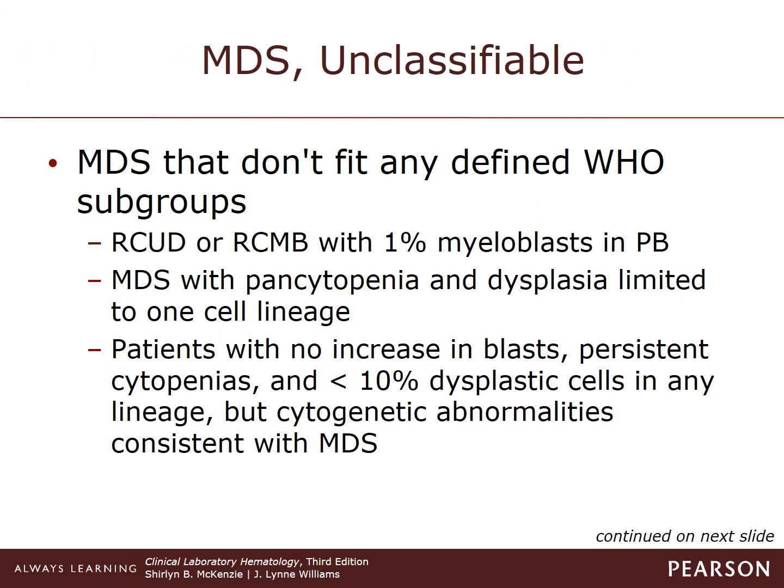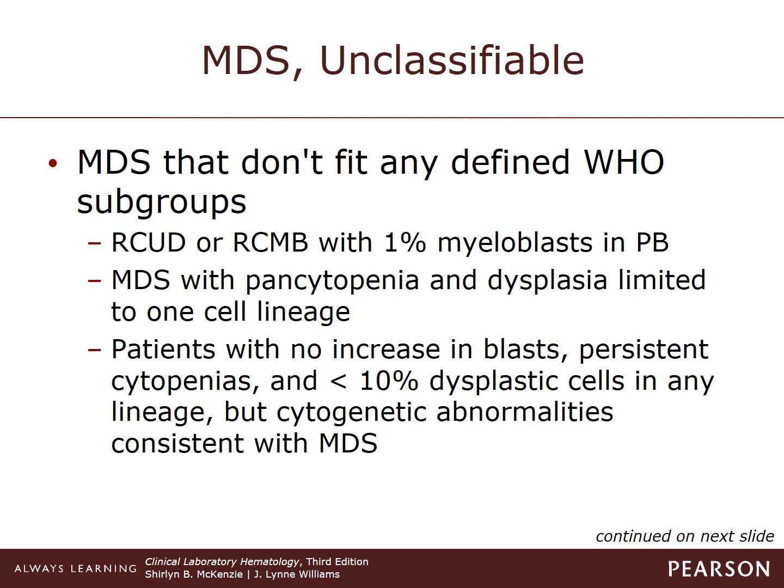Of an unclassifiable nature is really a category that refers to any subtype that initially lacked the specific changes necessary to classify them into one of those categories that we discussed earlier. So that includes an RCUD or an RCMD clinical presentation with 1% myeloblasts in the peripheral blood, or an MDS with a pancytopenia and dysplasia limited to one cell line.